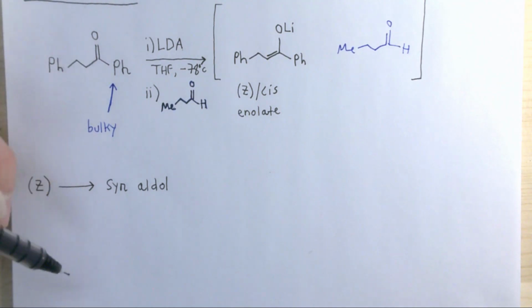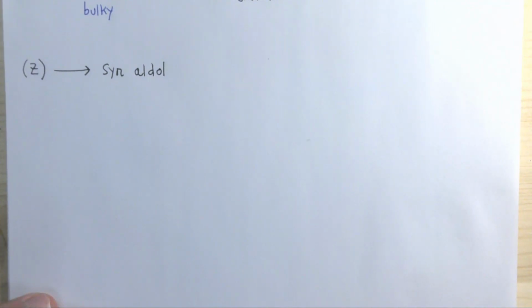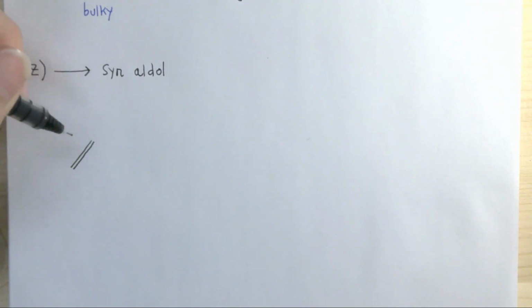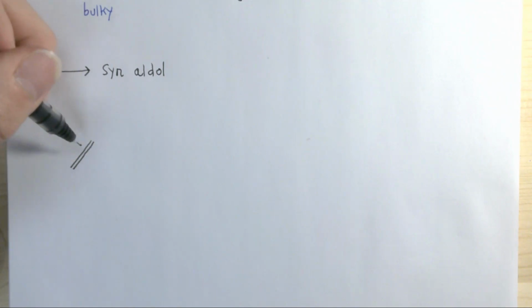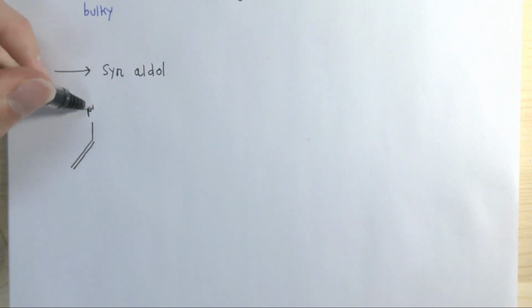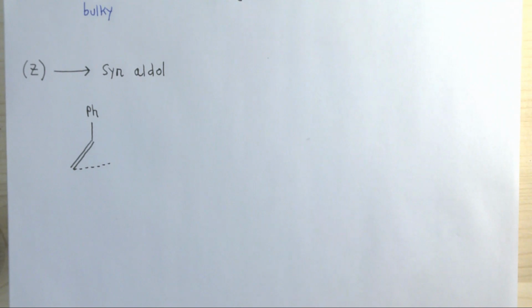Okay, so for the Zimmerman-Traxler, I need to draw my six-membered ring. So it really doesn't matter how you do this, and that's why I like doing this with pencil, but I'm going to start drawing it this way, where here is the double bond of my enolate, and it's going to be attacking the aldehyde, which I'm going to do in blue.